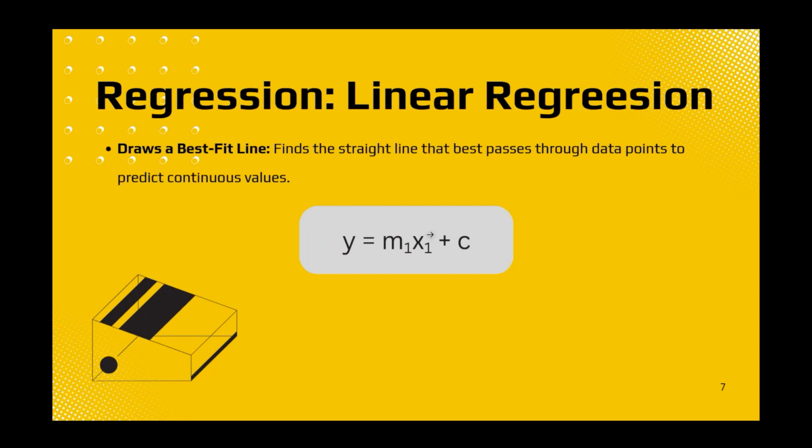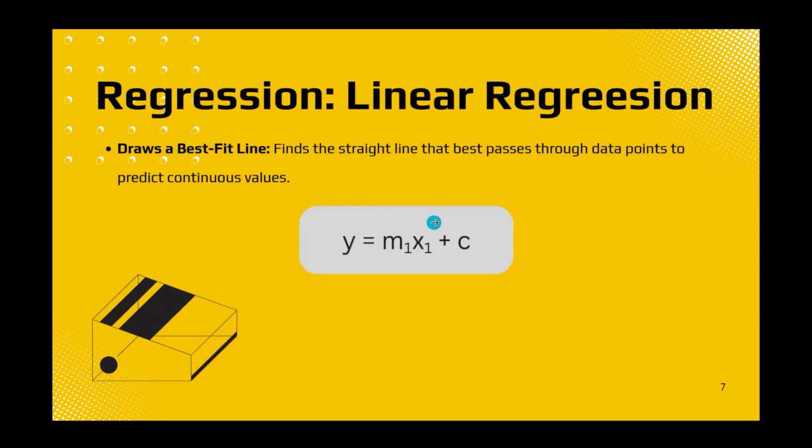So we are going on to regression. We'll discuss regression with linear regression. Linear regression is like, I think you all remember the linear equations we did in A levels or O levels, right? So this is pretty much what linear regression is.